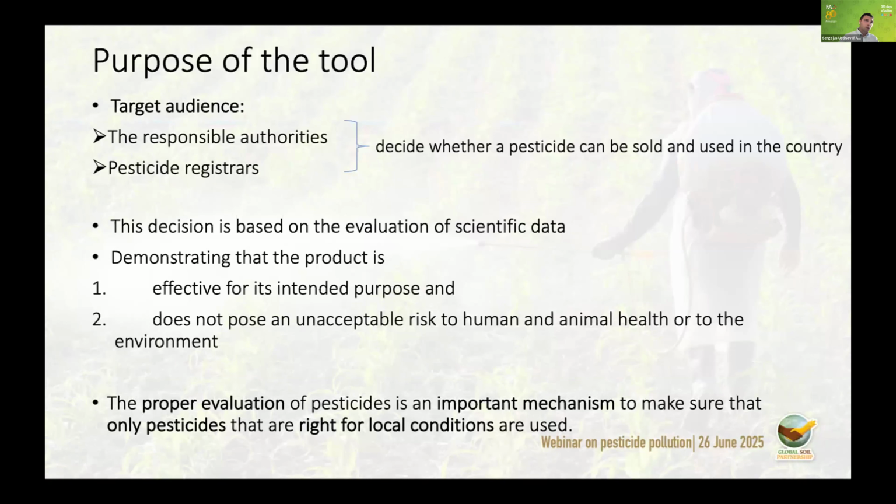And not all of those registrants are aware of what kind of data they need, or what they are exempted from submitting, because it also depends on what kind of pesticide you're talking about. For example, if you're dealing with chemical pesticides, you're dealing with one amount of data. When you're dealing with microbial pesticides, you need to submit completely different data. So this kind of toolkit will navigate you around the data that you need, the risks that this pesticide can possess, etc.